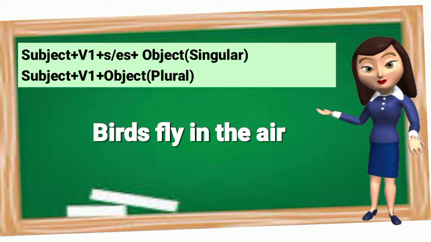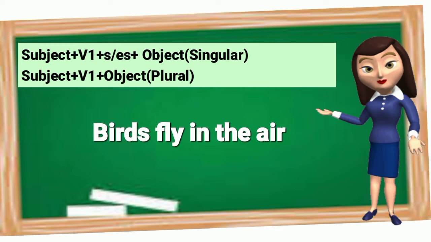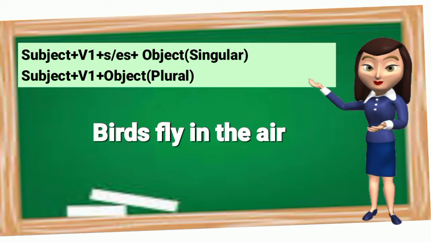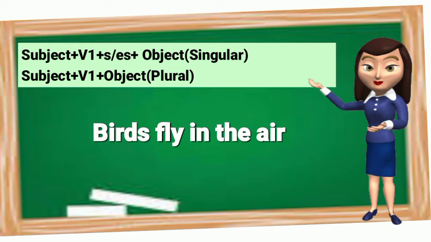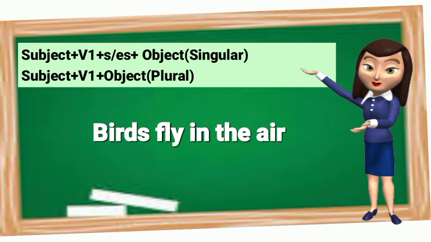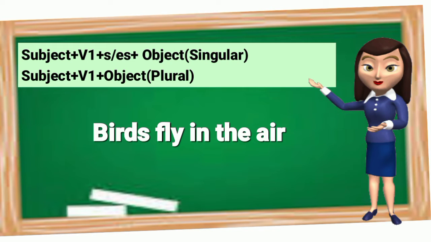For us to identify the subject, the verb, and the object of an example, here we go. Birds is the subject. Then fly is the verb, because it is an action word. Our object is the air. So that is plural. Why is it plural? Because birds is plural in number; there are many birds.